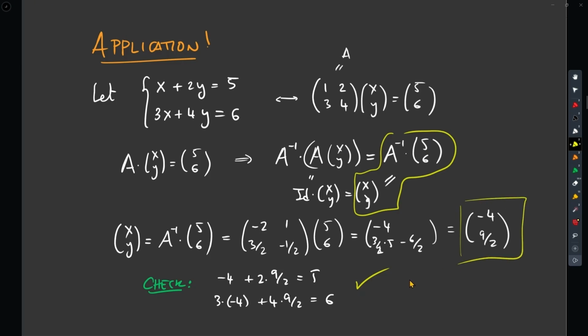And in fact, because of what I did, the existence of the inverse matrix tells me that this is the unique solution of the system.